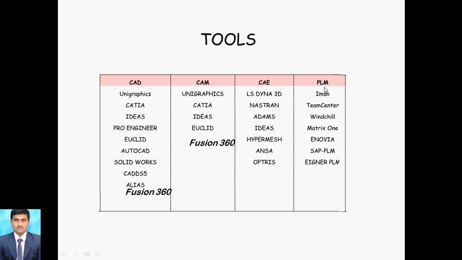Product lifecycle management reduces the wastage of material and improves the efficiency of the product by different softwares. Nowadays ERP and MES technologies have evolved in that matter. So this is regarding the PLM. In the next lecture we will discuss the different technologies involved in product design. Thank you.